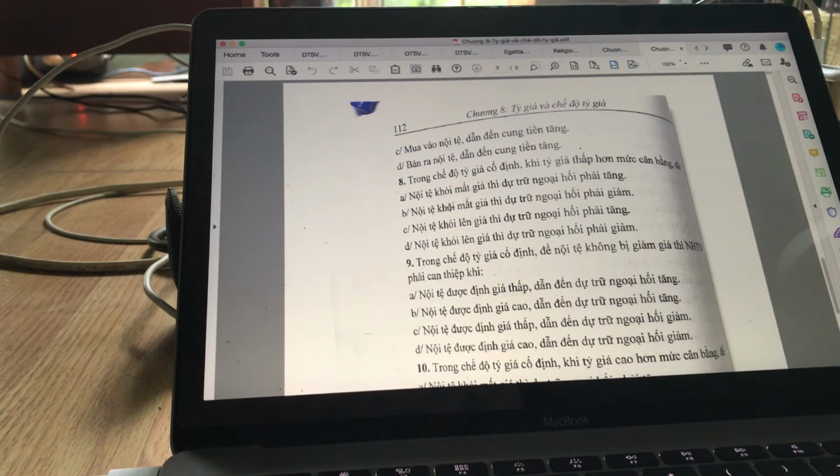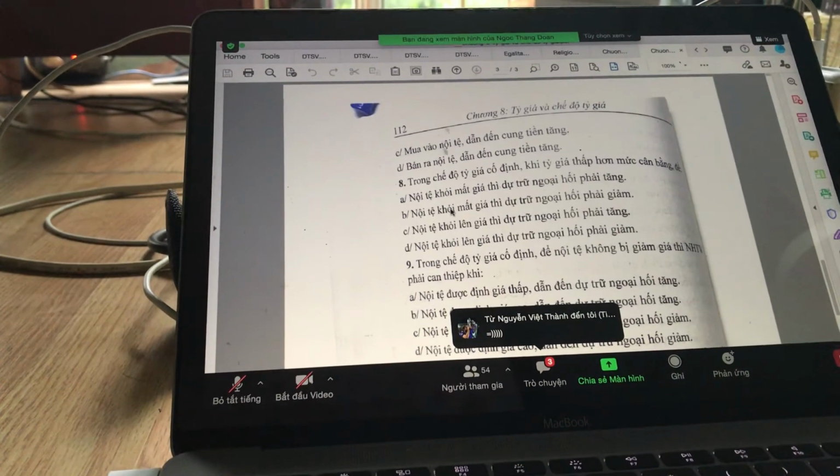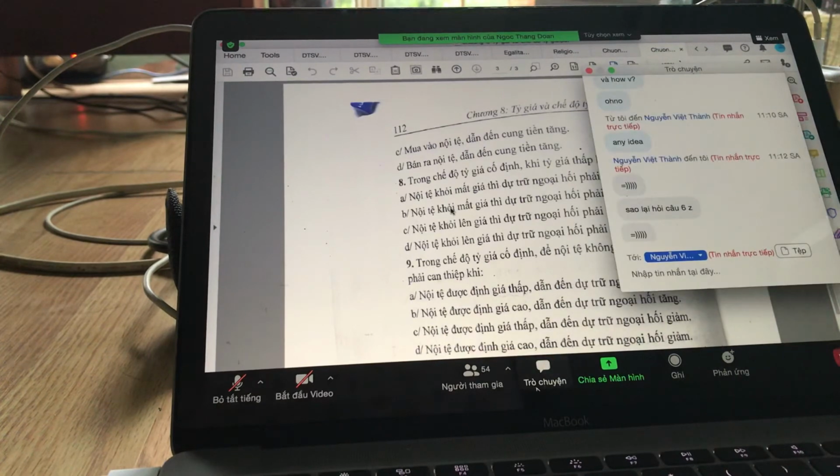Answer D. So in order to keep the domestic currency from appreciation or revaluation, the foreign reserve needs to be decreased.